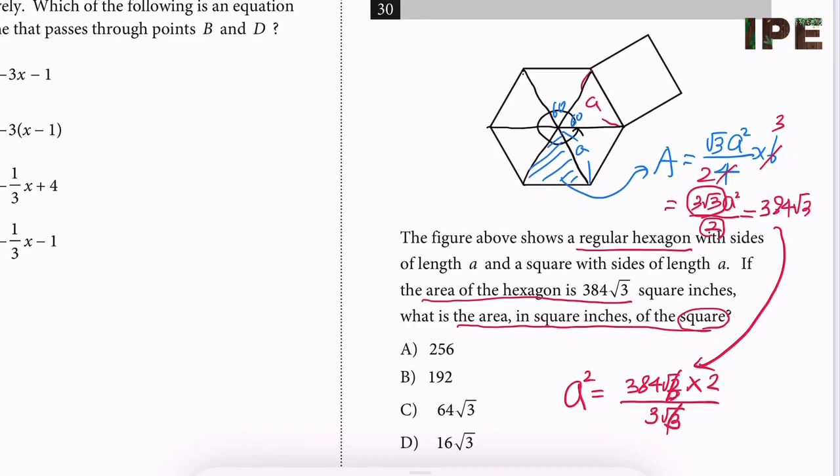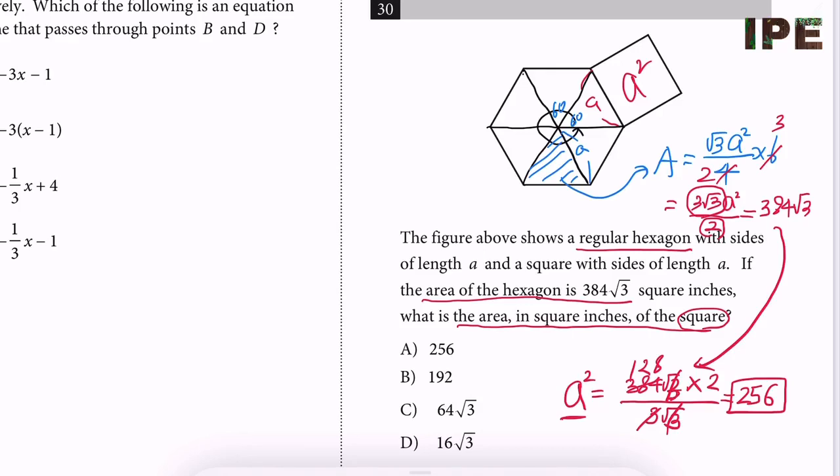And then 3 times 1, 3 times 128. So a squared is equal to 256. You don't have to find a because it asks you the area of the square, which is a squared. We just find a squared.